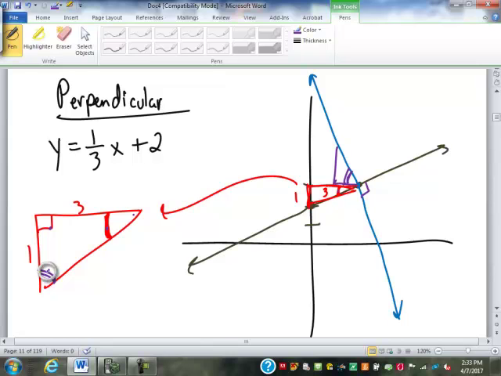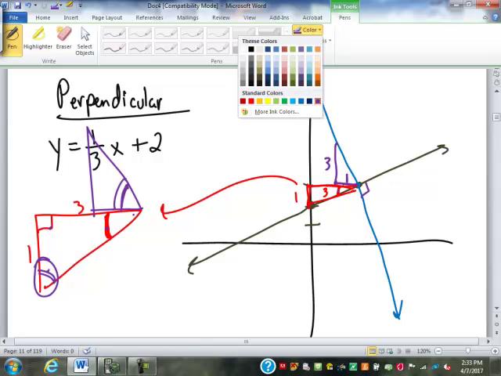So what I need is an angle here, this angle here, to be the same as this one down here. So the way I do that is I have to construct a triangle here that's just the opposite. This was up 1 over 3. This has to be up 3 over 1.